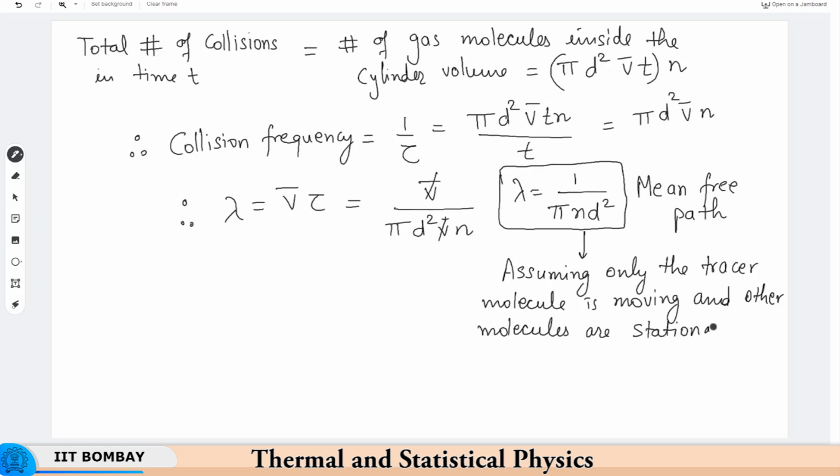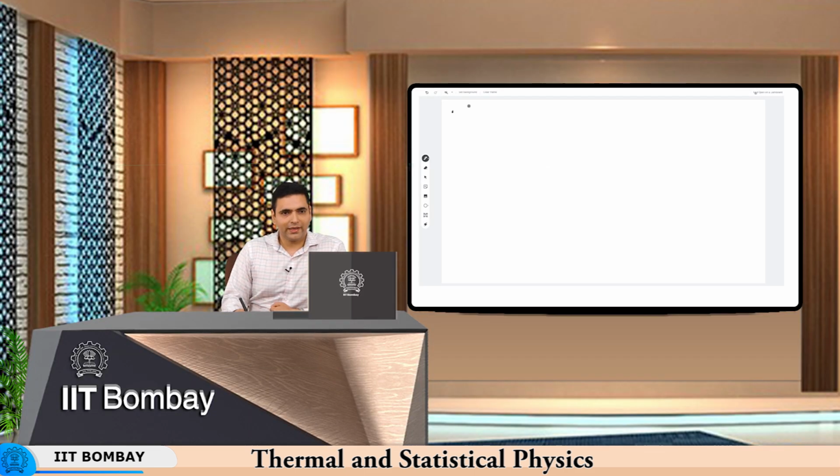Okay, this is important to mention, important to highlight, but we can do a better calculation, right. So, we can also consider another situation, case 2.